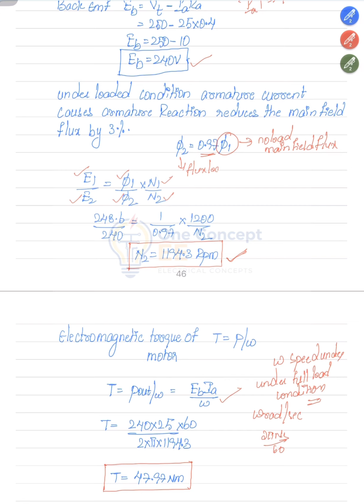Eb is 240 volts, Ia is 25 amps. Omega is 2 pi into 1194.3 divided by 60. Means the electromagnetic torque developed is 47.97 Newton meter.